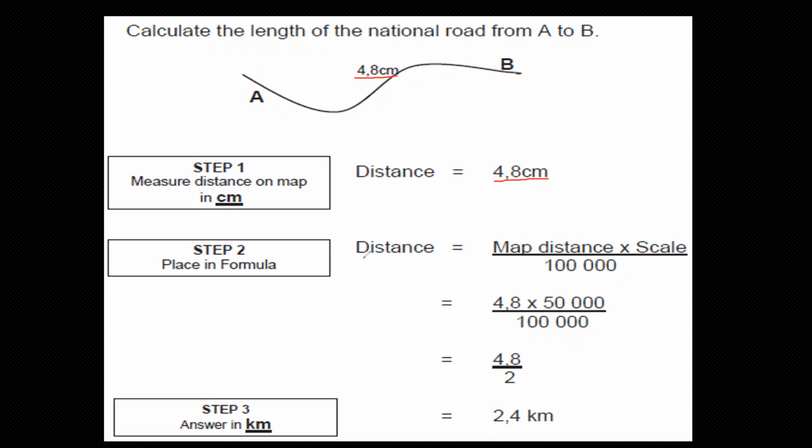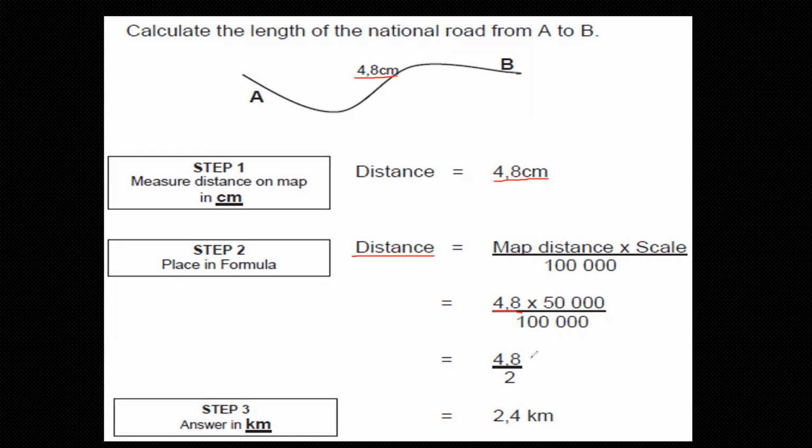So here our distance formula is map distance times your scale all over 100,000. So we need to put in our values. So we bring down the measurement that we took on the actual map, 4,8 times 50,000. That would be your map scale for your topographical map, all over 100,000.